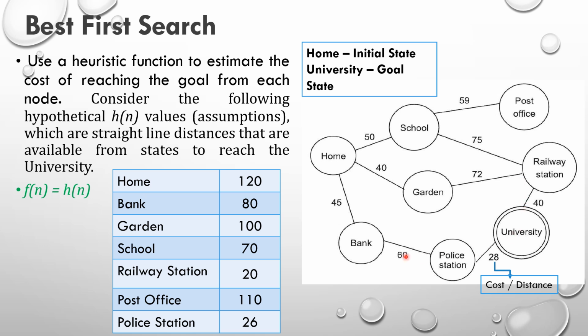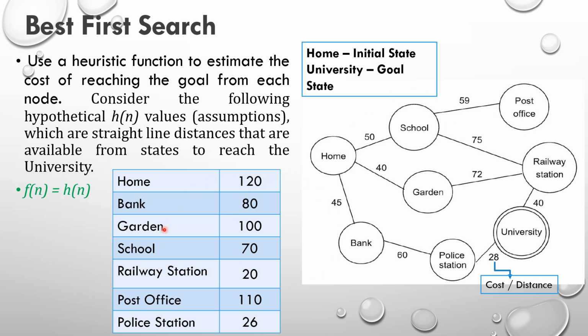These values are called path cost values. They are used to calculate the g of n value, which is useful for solving the problem with the A star search algorithm. But in best first search, we consider only the heuristic value alone.